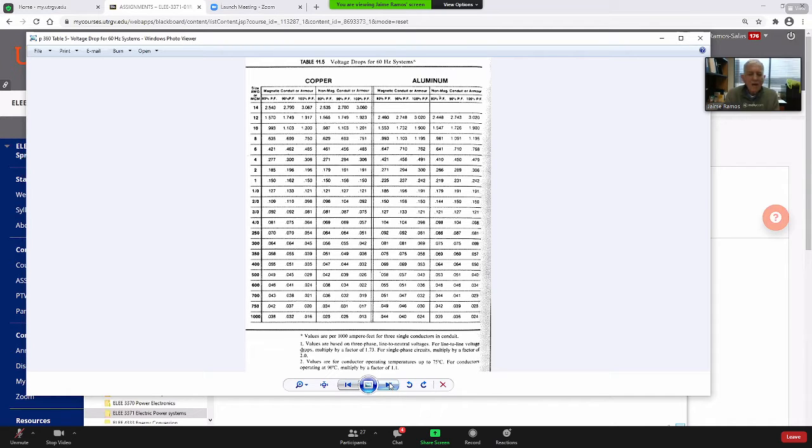Values are per 1000 ampere-feet. So this is voltage drop for a single phase, line to neutral voltage.